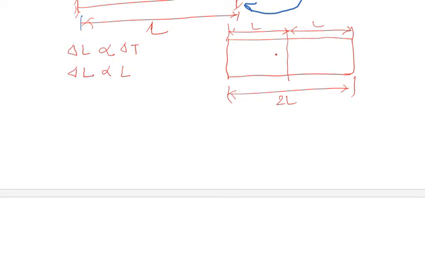There will be extension at this part, and here also there will be extension. So the total extension will be how much? Delta L plus delta L is equal to 2 delta L. So it is directly proportional to the length. As the temperature rises, the change in length also will be directly proportional to the original length.